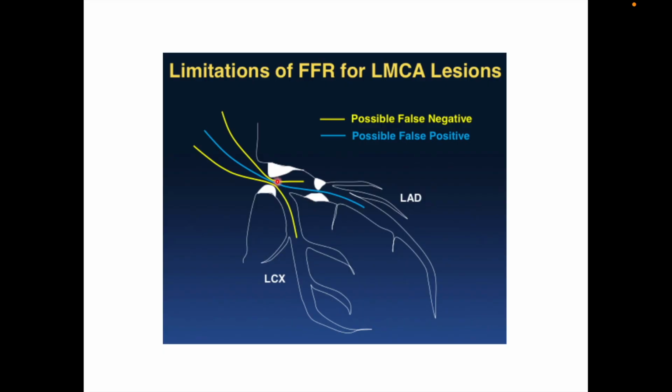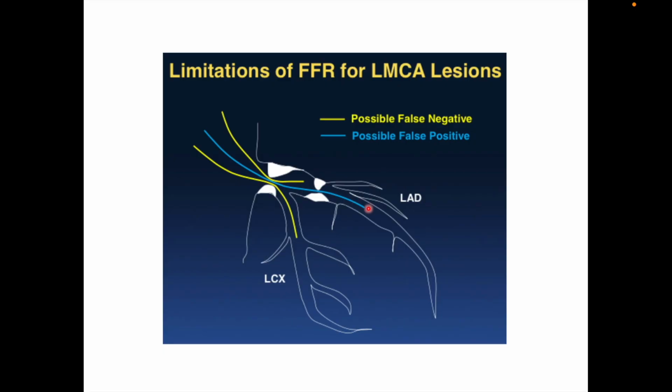And if you have these two lesions and you take a distal across this, you can get a cumulative FFR of both of these. So it's going to be difficult to say if this is significant or not, because this could be a false positive FFR as far as the left main disease is concerned. This is a cumulative FFR of these two lesions.